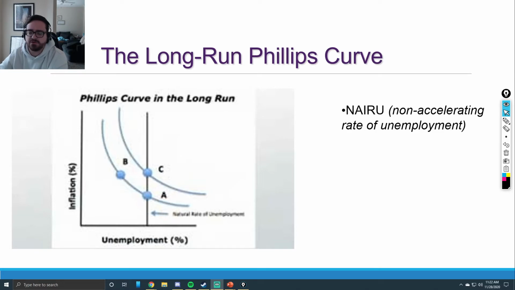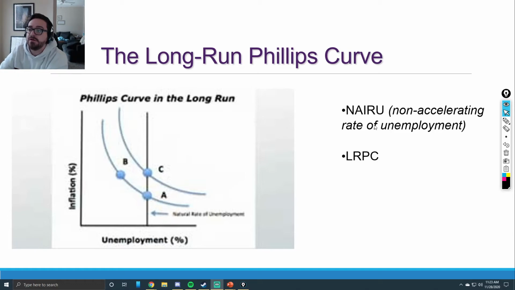Between 4 and 5% is typically where our NAIRU is at. The LRPC is drawn at that amount, because the unemployment rate is your x-axis. So if they tell you the NAIRU, or the natural rate of unemployment, is like 4%, and there's a 4 on that x-axis, you draw the vertical line at 4.